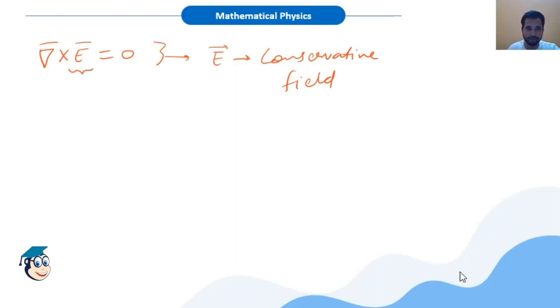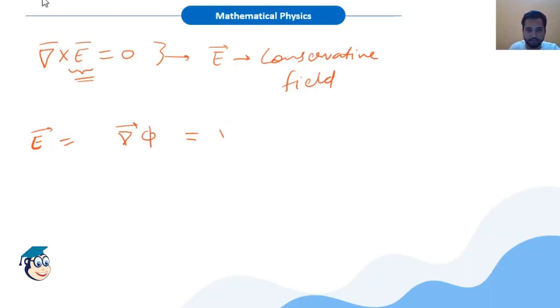So this is a conservative field, and I am using another property of curl, that whenever we have curl of a vector equal to 0, we can write that vector E is equal to gradient of some scalar, let's say phi.